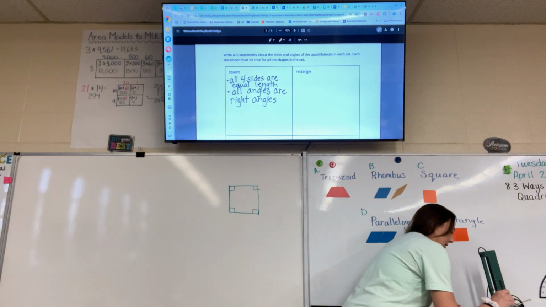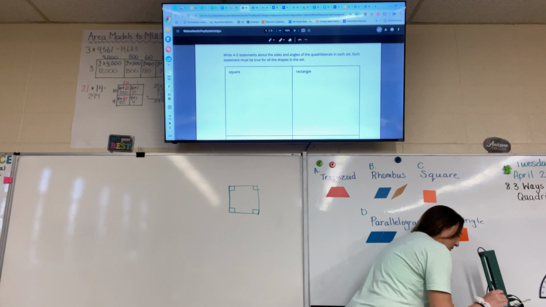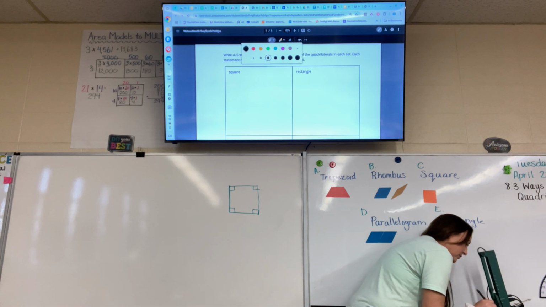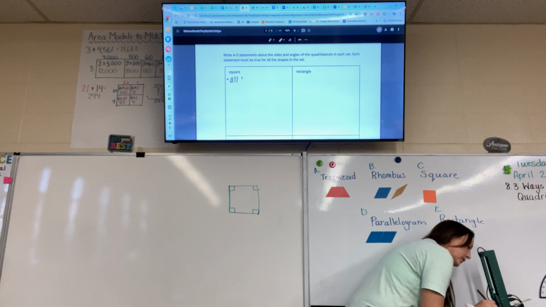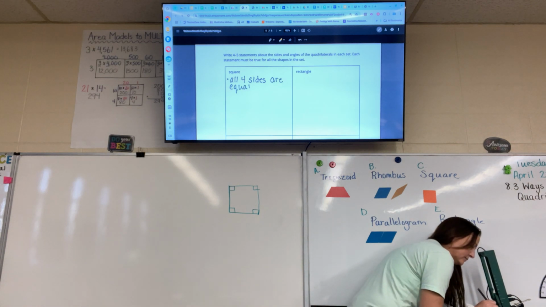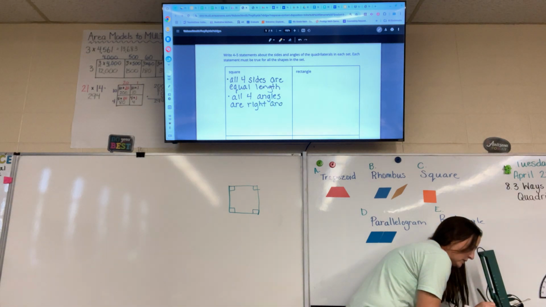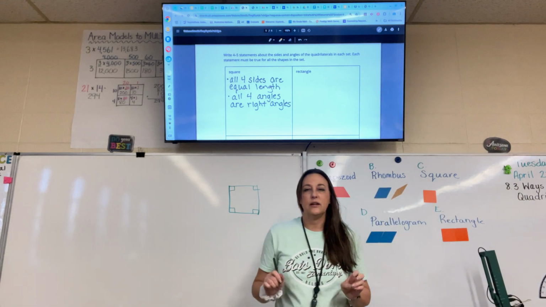I'm going to make this a little bit neater. All four angles are right angles. Okay, what's something else about these figures?